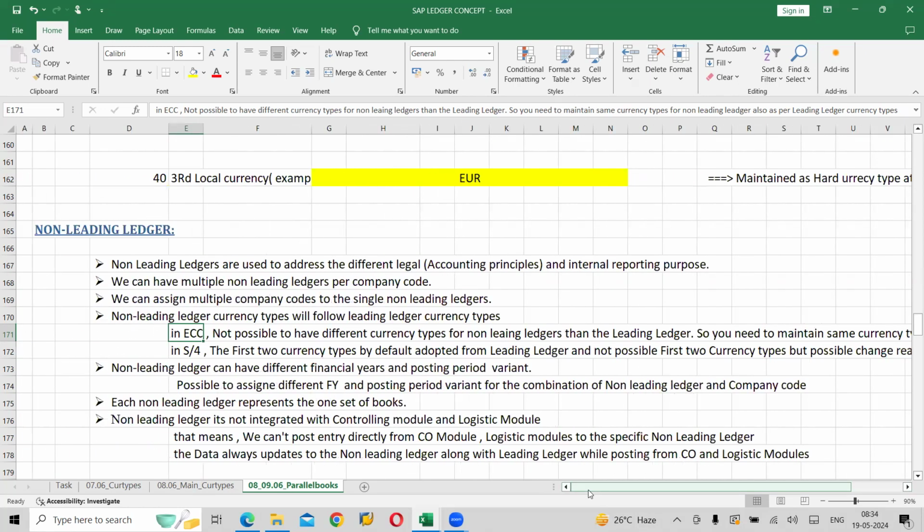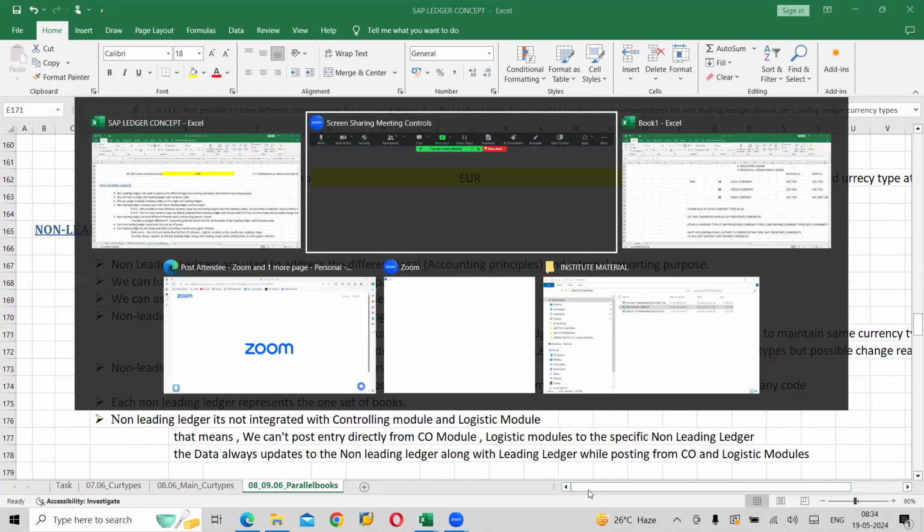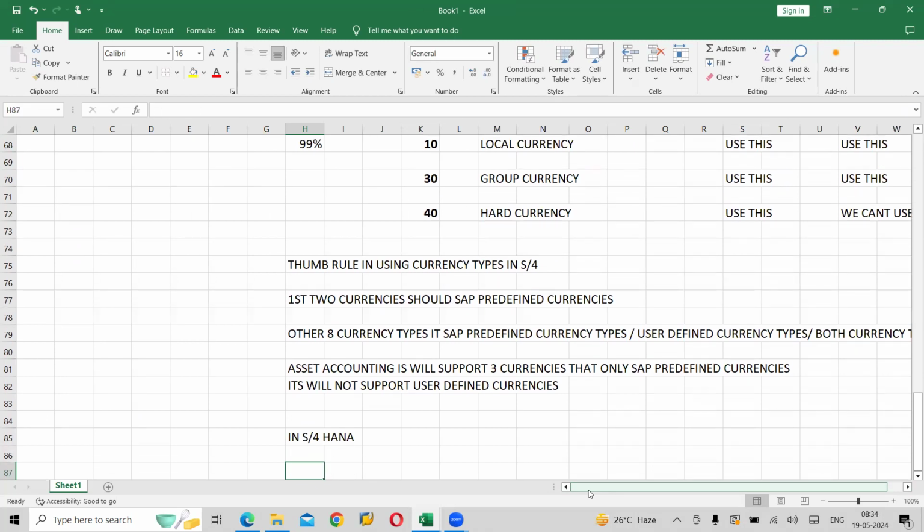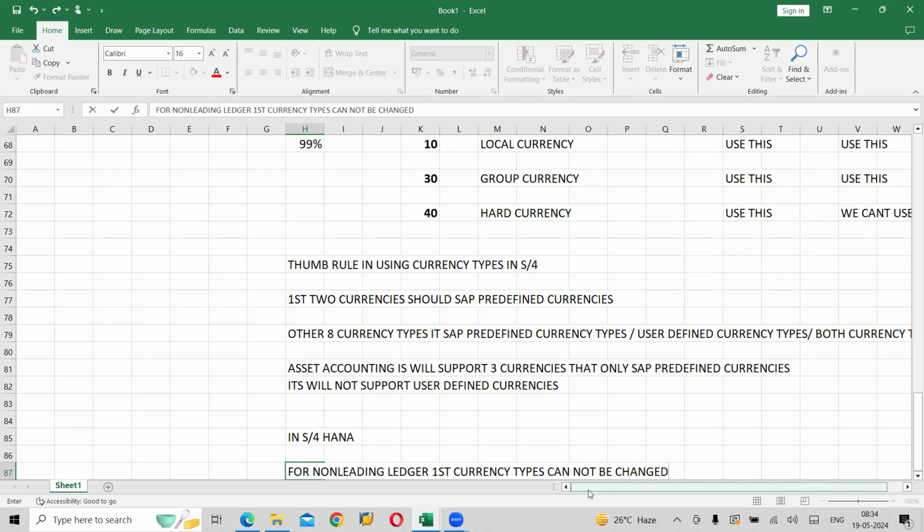So what we can't change, again I am reiterating: for a non-leading ledger in S/4HANA, the first two currency types, whatever we define, cannot be changed.